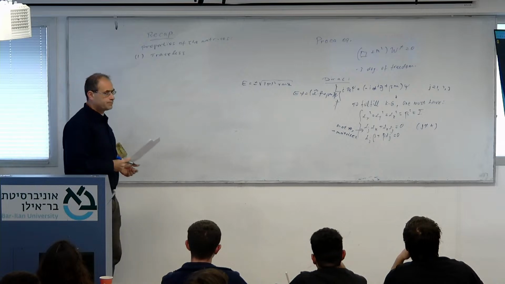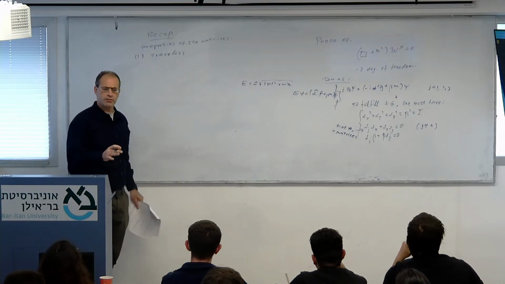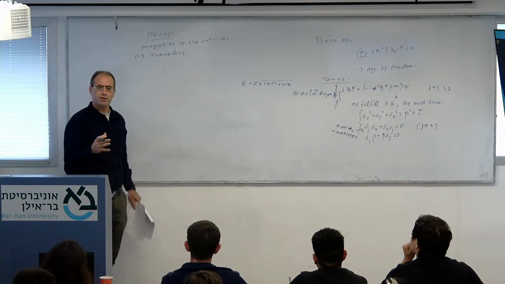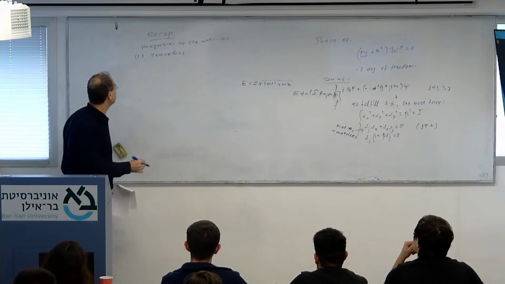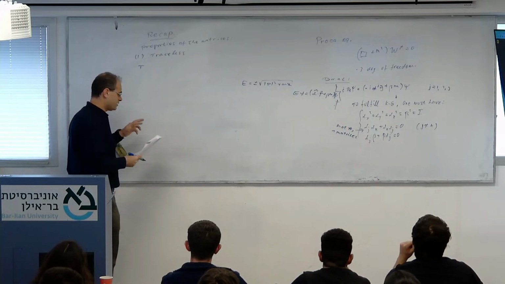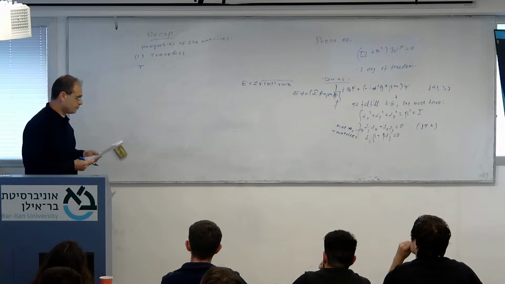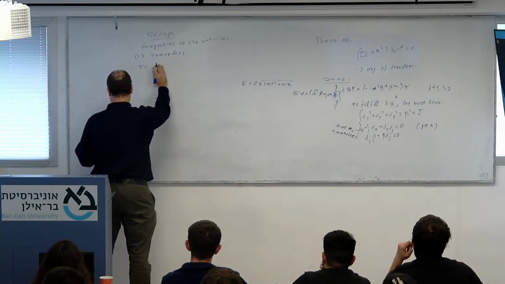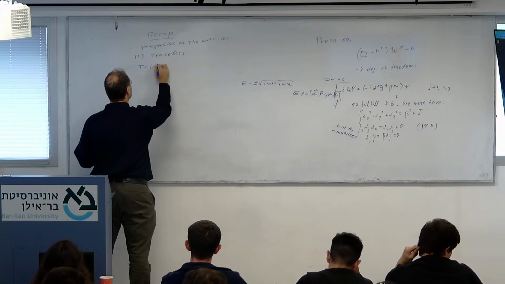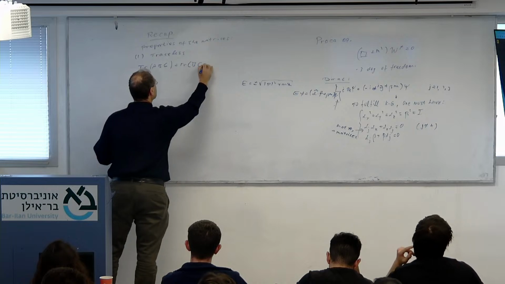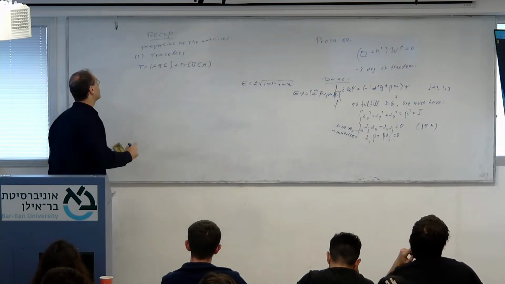Why is that? Well, you know about the trace of matrices? And you know some properties of the trace? Right, traces have cyclic permutations, right? The trace of ABC is the trace of BCA, right?